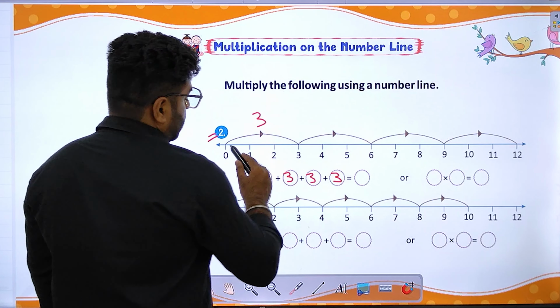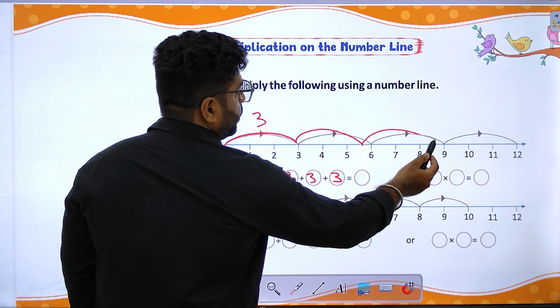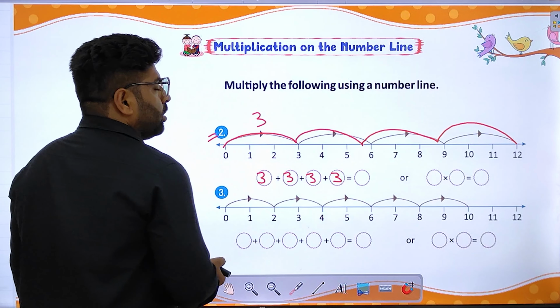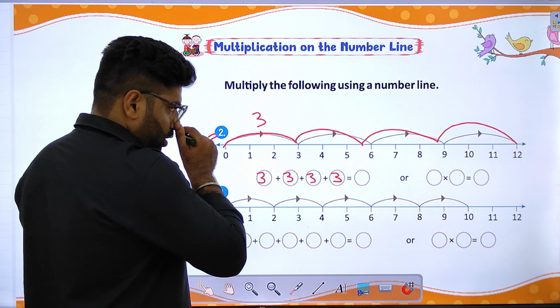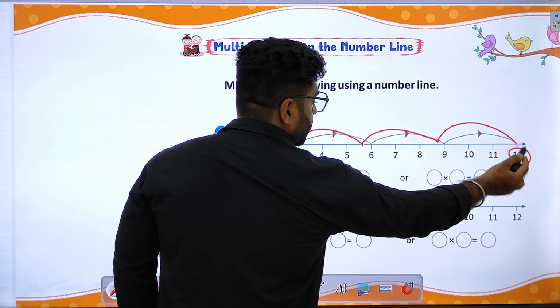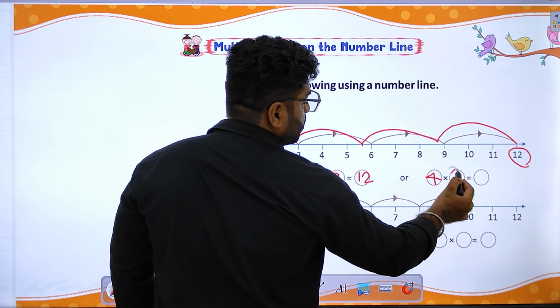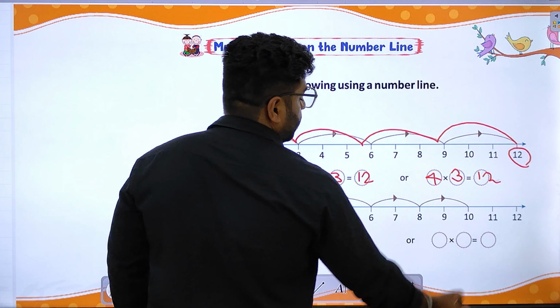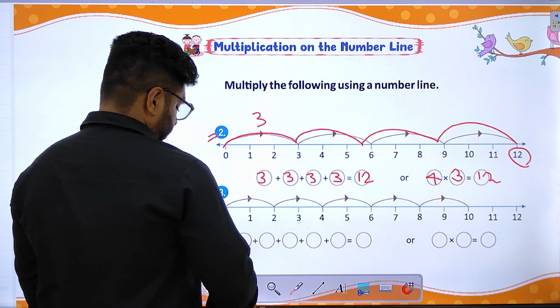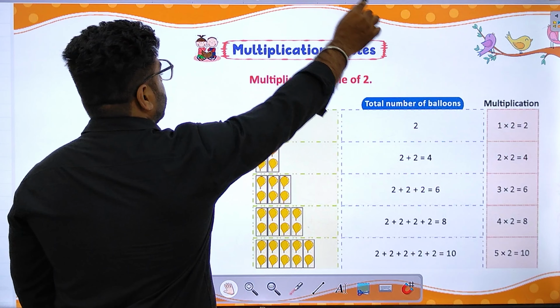This is 4 times. 4 times 3 is the number. So here the answer is 12. So we can write 12. Here we can write 4 times 3 is again 12. Clear?